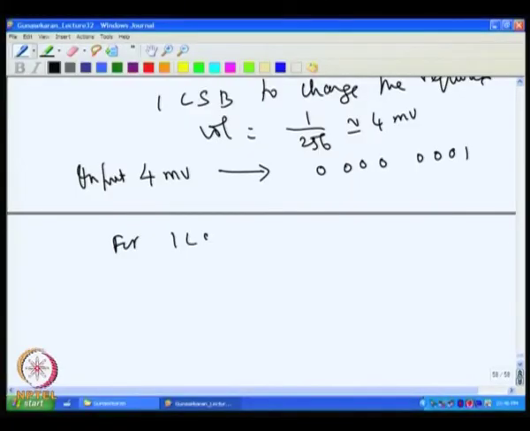This is what we call an A to D converter. We use the term LSB, the least significant bit. So, for 1 LSB what is the voltage required? For 1 LSB, the required voltage is V reference divided by 2 power n, where n is the number of bits.